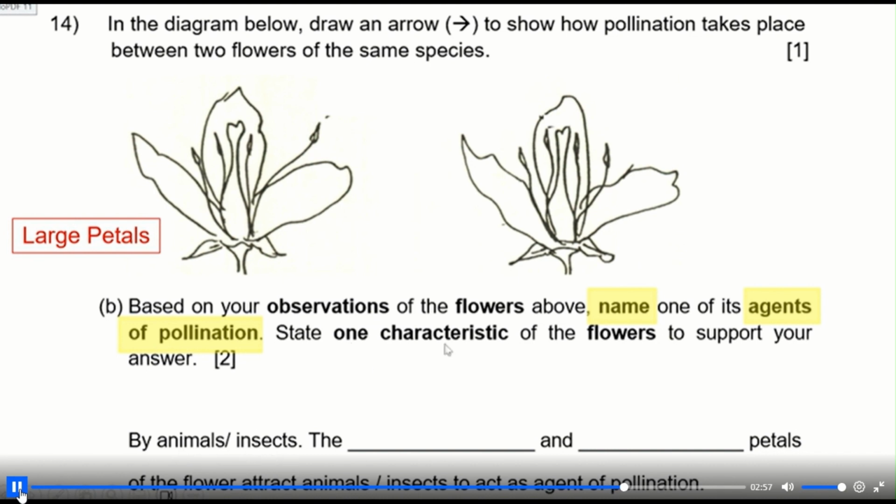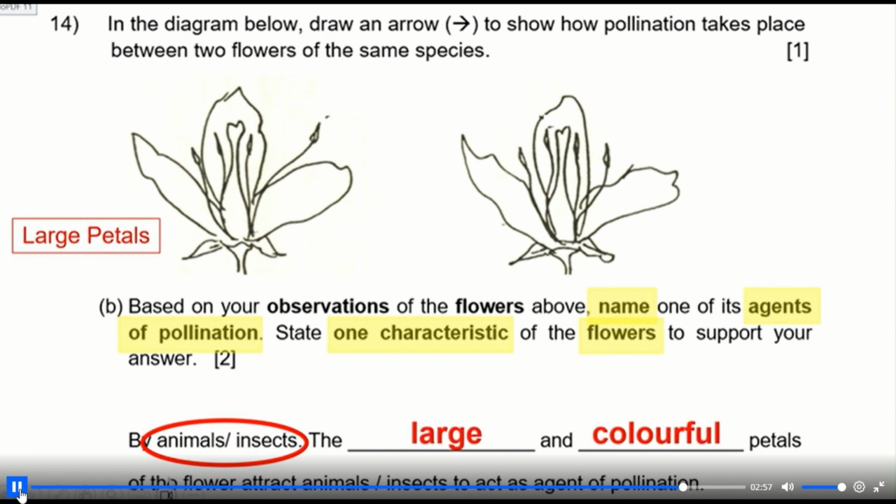And they want us to state one characteristic of the flower that supports our answer that it is by animal or insect pollination. So as we have mentioned previously, the large and colorful petals of the flower will help to attract the animal or insect to act as its agent of pollination.